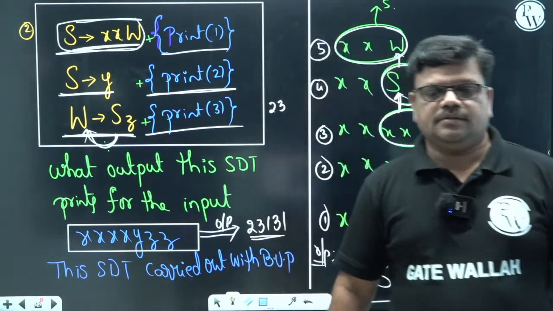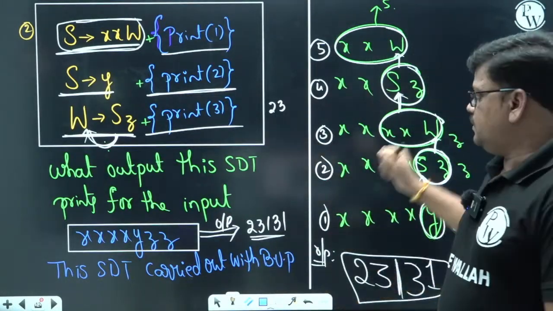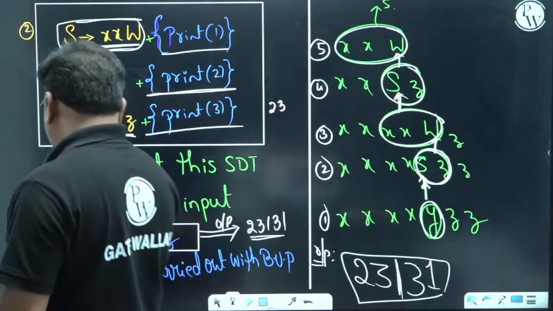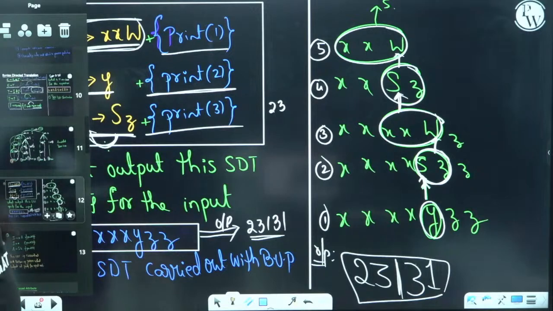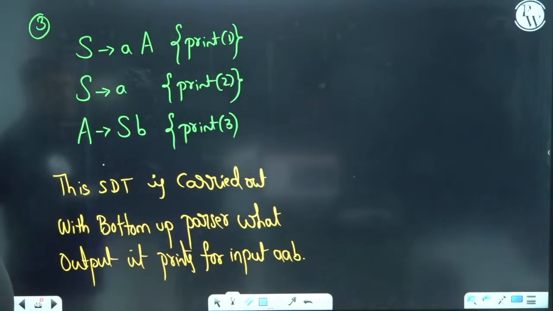So like this, whenever an SDT of this type is given, this is the way you have to perform it, right? We have a similar question here. This is also asked one time in the GATE paper. Here is the SDT.